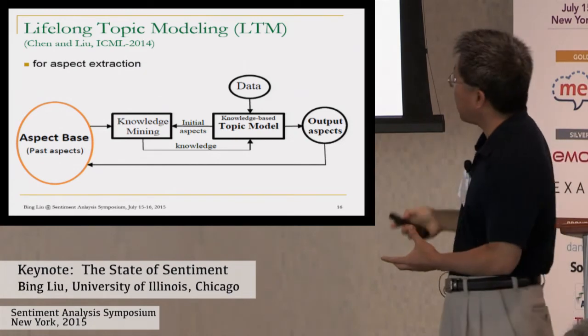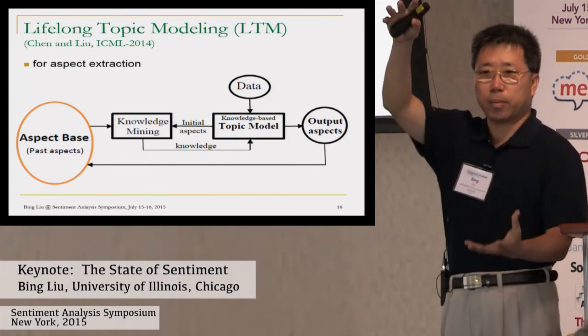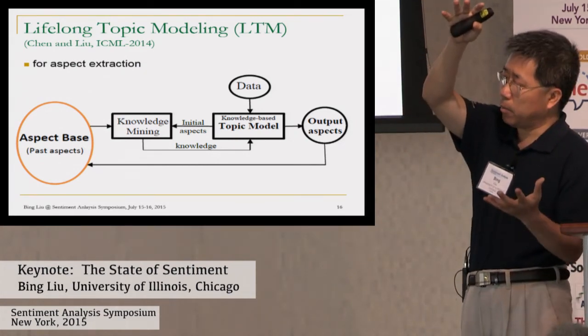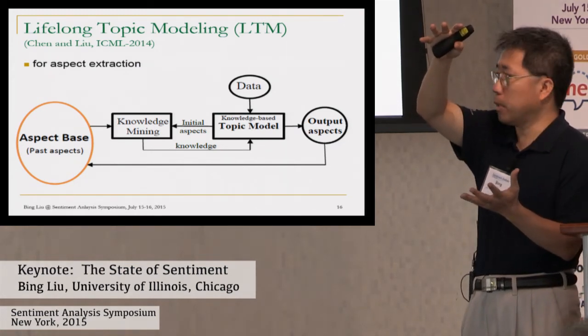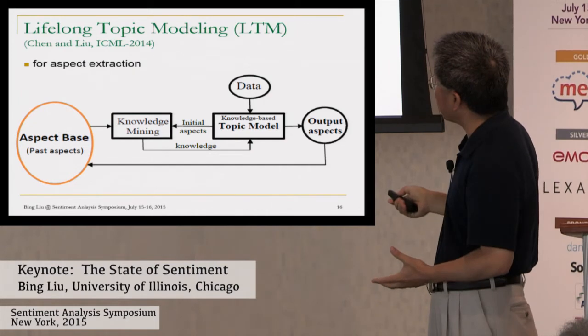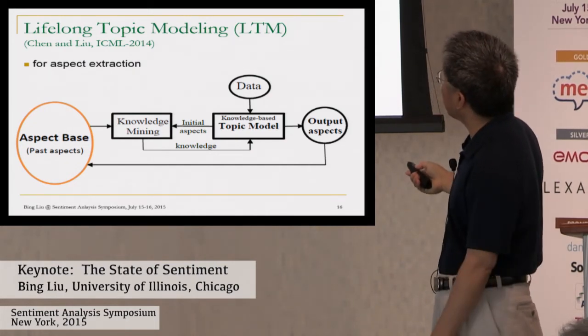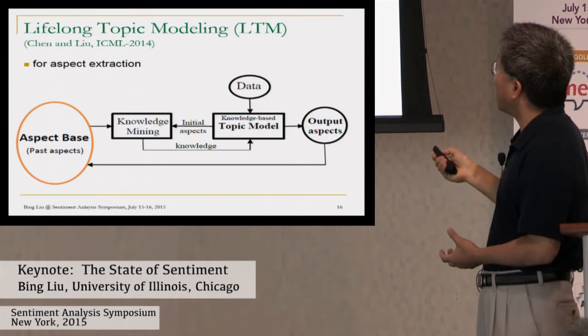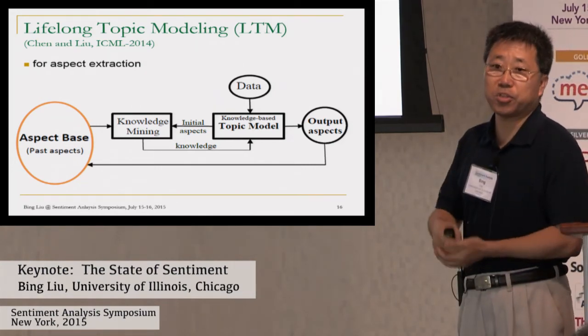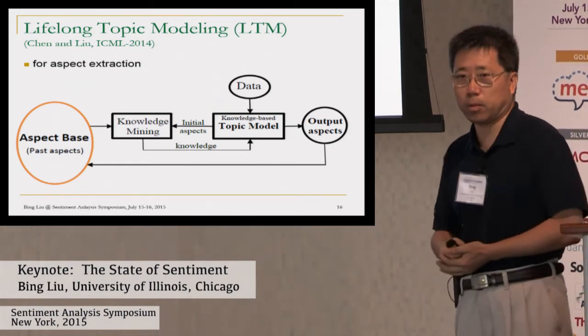And then I can do some knowledge mining to see what I have done in the past, many of them are pretty good. So I'm doing some data mining on that. And then if I get some knowledge, I'm going to redo the modeling. That's what you call a knowledge-based topic model. It's not just a traditional unsupervised topic model.